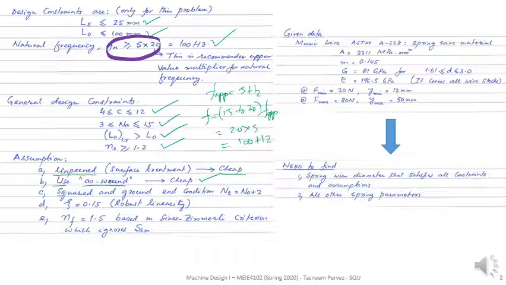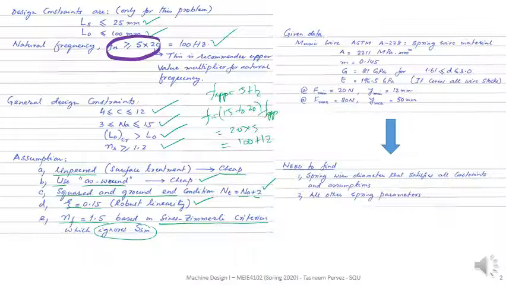I will assume a square and ground end conditions, which means the total number of coils is the active coils plus 2. And I'm going to use the robust linearity. So the C is 0.15, and I'm going to use the NF is equal to 1 based on Sines-Zimmerli criteria. Remember, which ignores this one.